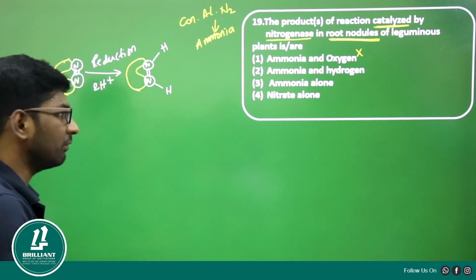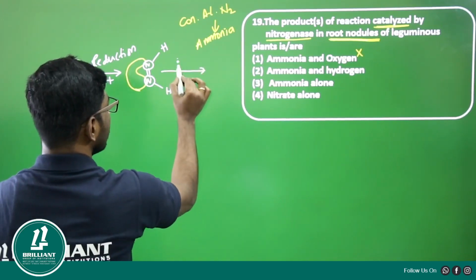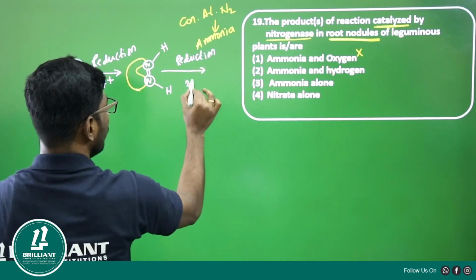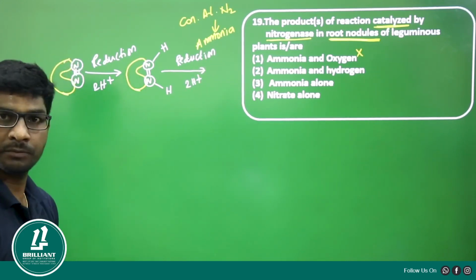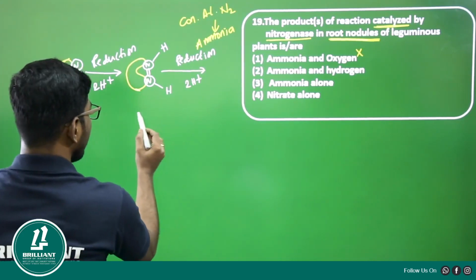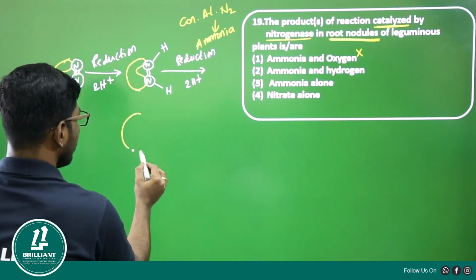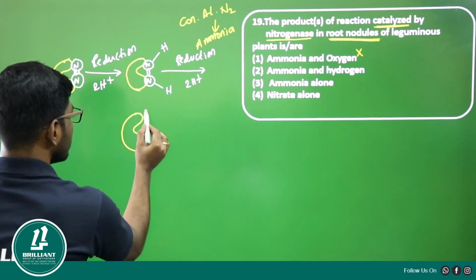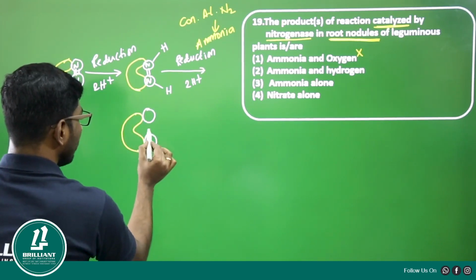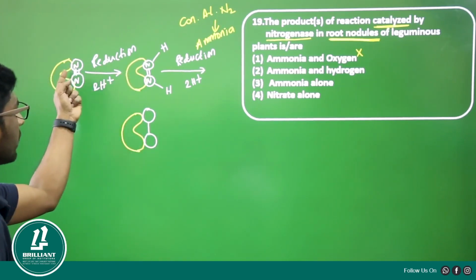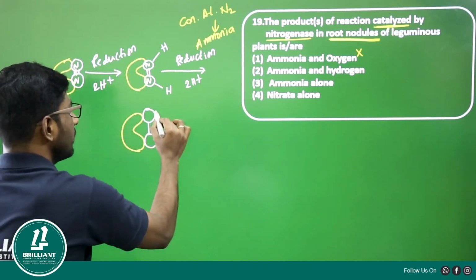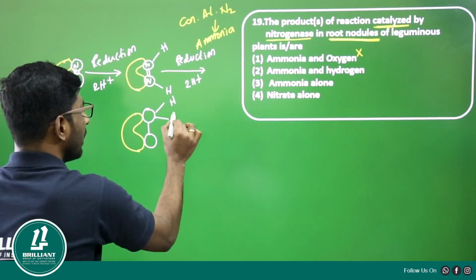Again 2 hydrogens will add here, it is also a reduction reaction, with 2 H plus ions, right? One more bond will break there. If you take the next reaction, this is the nitrogenase enzyme. One more bond will break here. So 2 bonds. Initially 3 bonds and next 2 bonds. Next 1 bond. So here it is 1 and 1 more hydrogen.